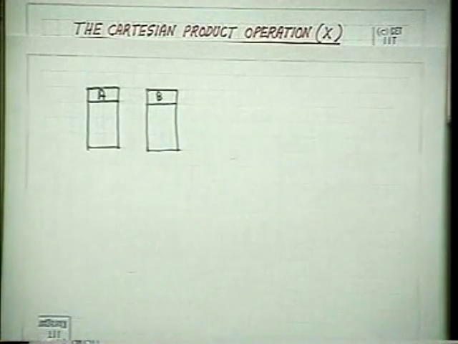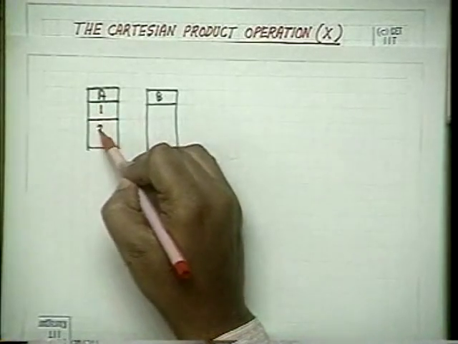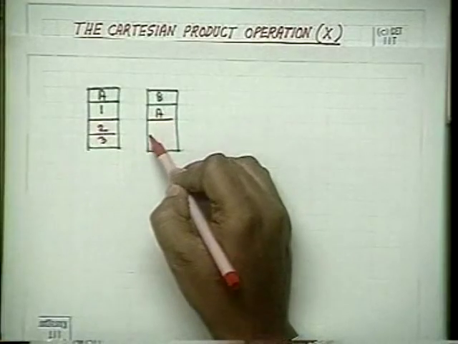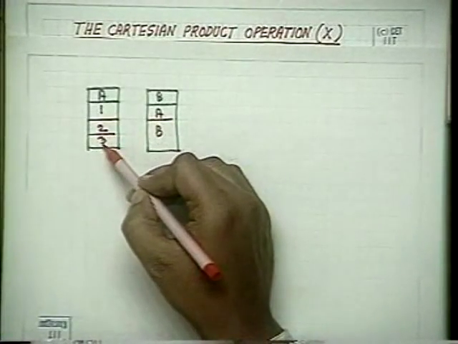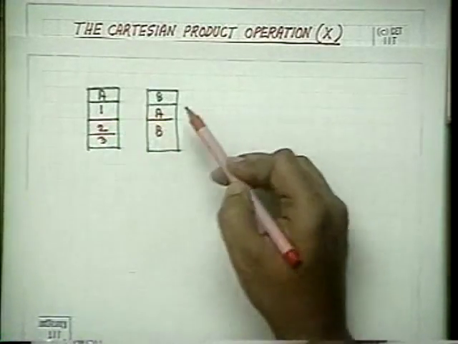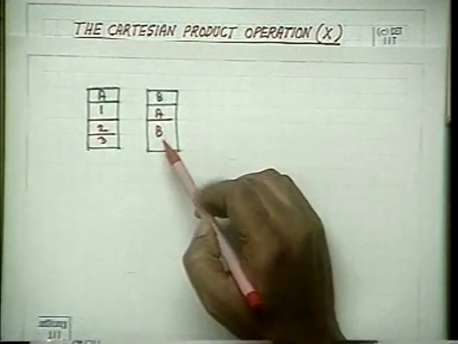and let the values which are available be: let this have three tuples, one with value 1, one with value 2 and one with value 3, and let this have two tuples, one with value a and one with value b.